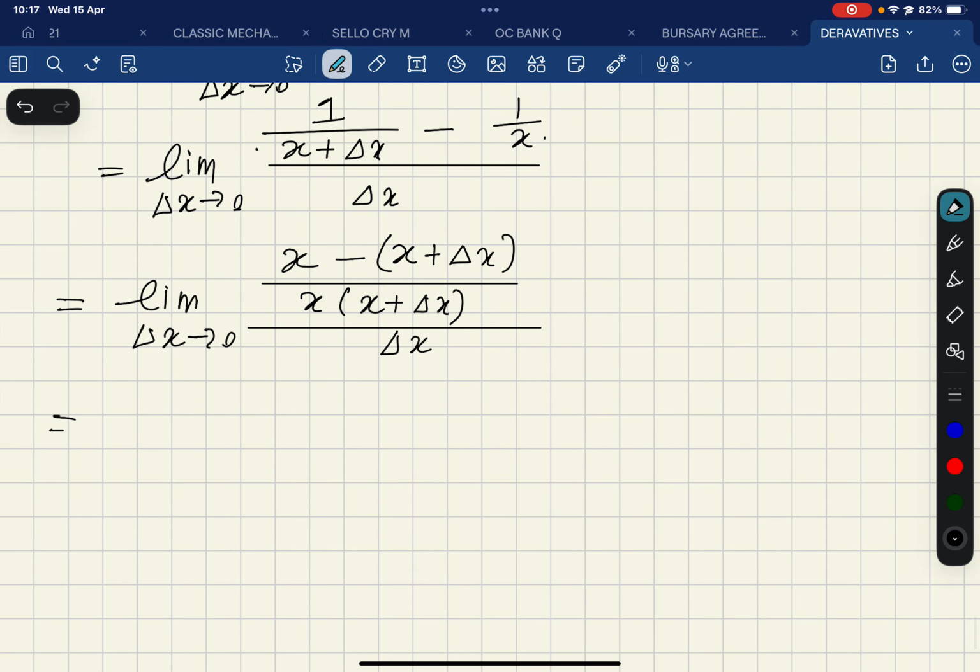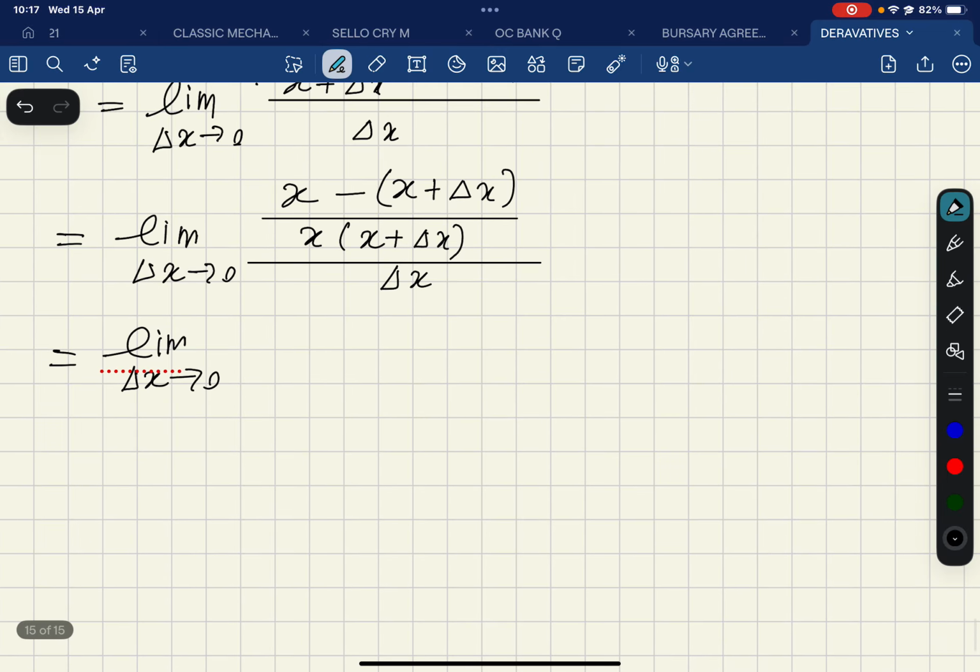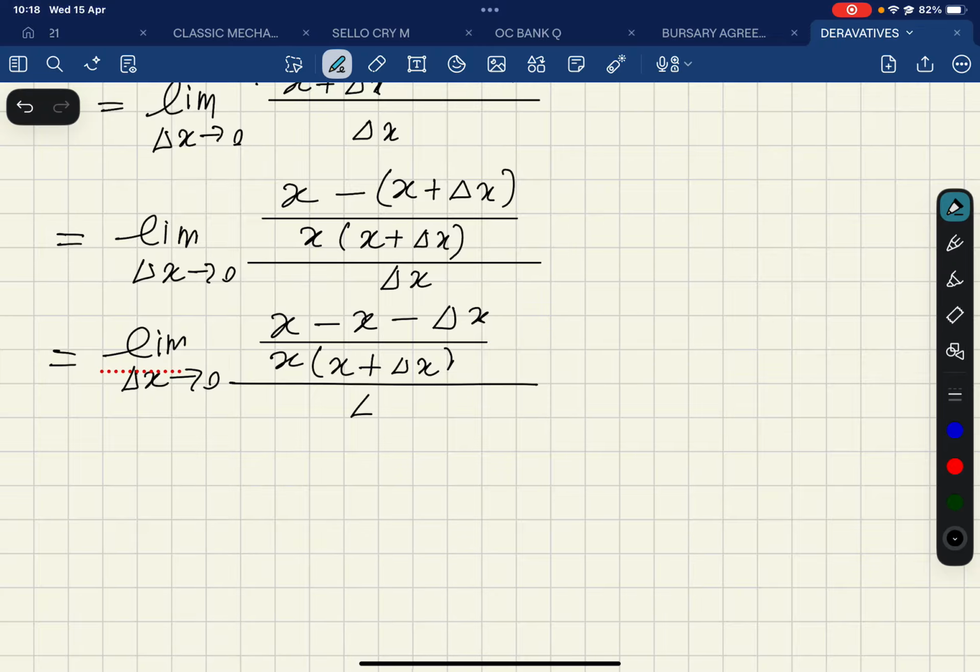Which means I will remain with the limit as change in x approaches 0 of x minus x minus change in x, divided by x times x plus change in x, all divided by change in x.